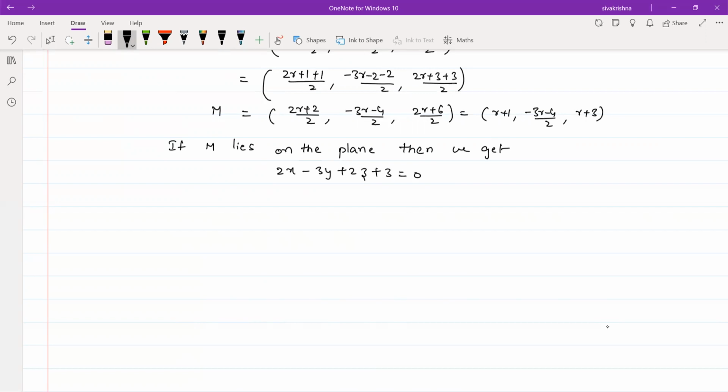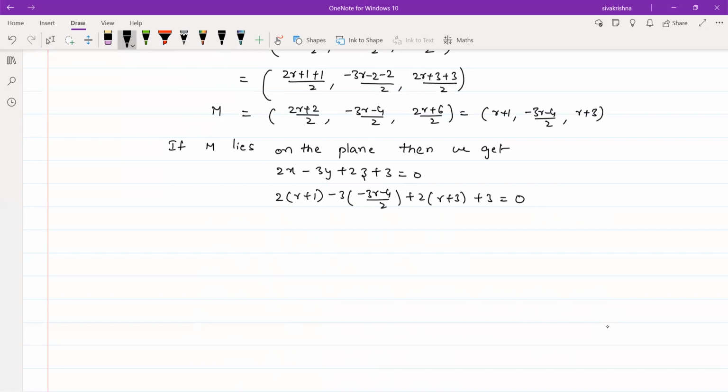So we have to substitute this particular point in the plane equation, so that we get 2 into x, which is r plus 1, minus 3 into minus 3r minus 4 by 2, plus 2 into z, which is r plus 3, is equal to 0. Whenever that point lies on the plane, that particular point should satisfy the plane equation. So I am writing in place of x, r plus 1, in place of y, minus 3r minus 4, and in place of z, r plus 3, and that equation should be equal to 0.